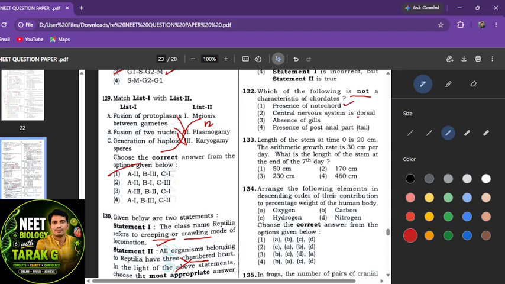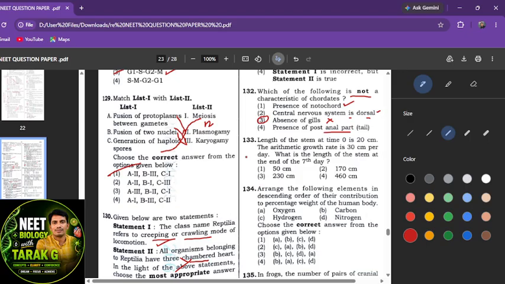And central nervous system in dorsal, that's also correct. Absence of gills is not a character. Presence of pharyngeal gill slits, post-anal tail is there, the central nervous system is dorsal, and the notochord is ventral. So this is the wrong answer. The third one is the correct.